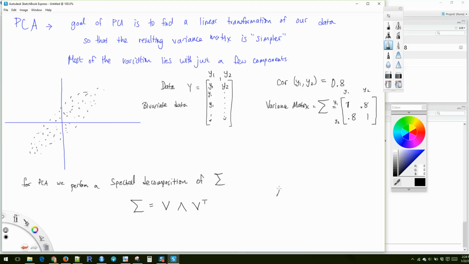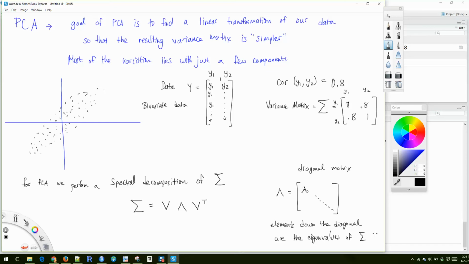Lambda, the lambda matrix, is a diagonal matrix, and the elements down the diagonal are the eigenvalues of the original matrix.